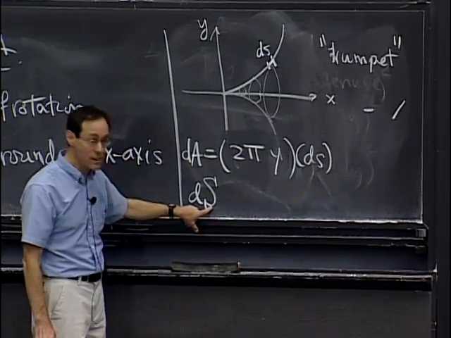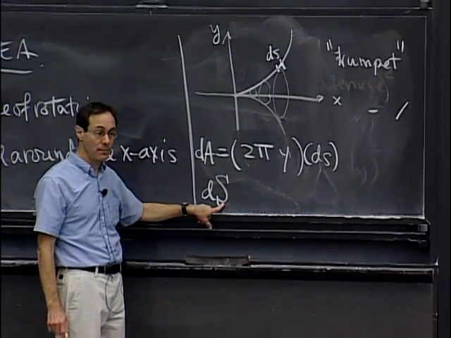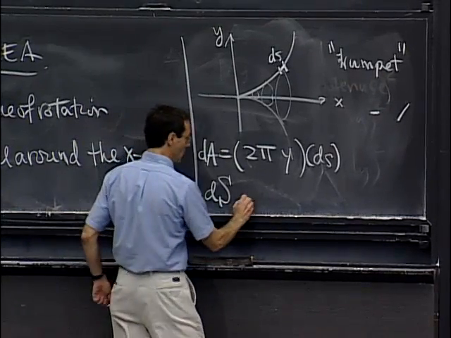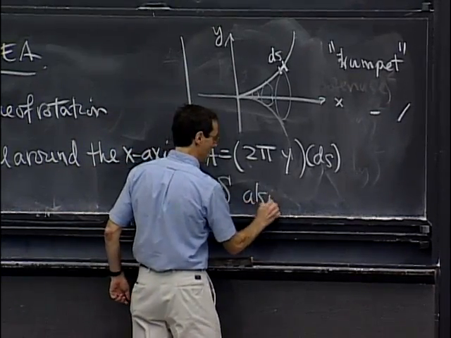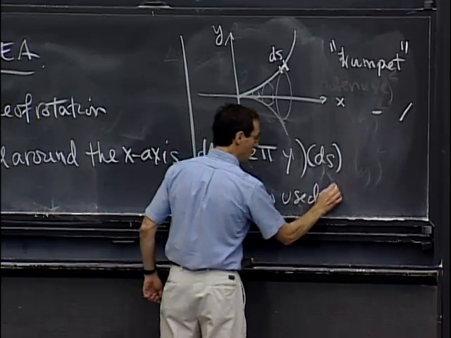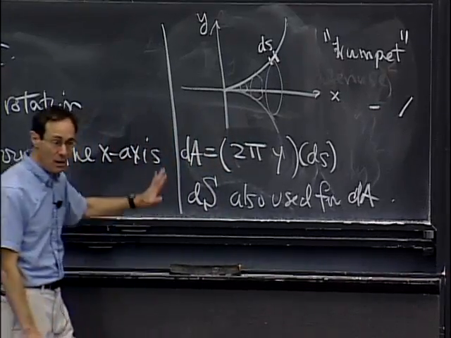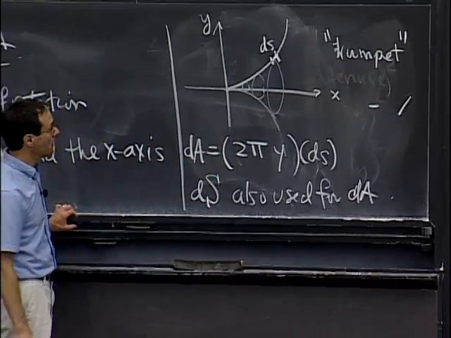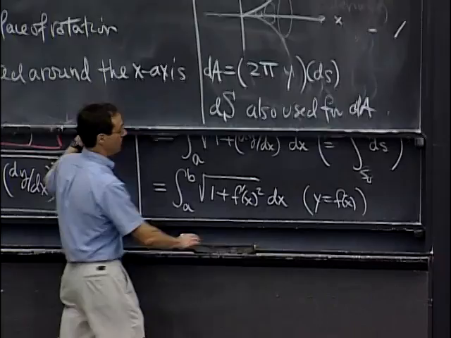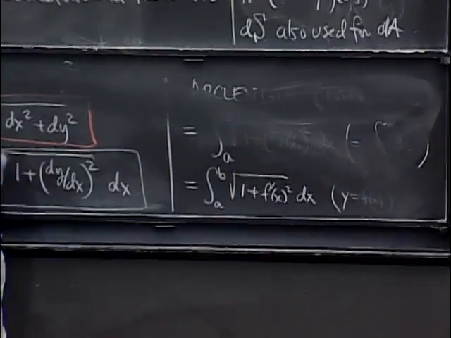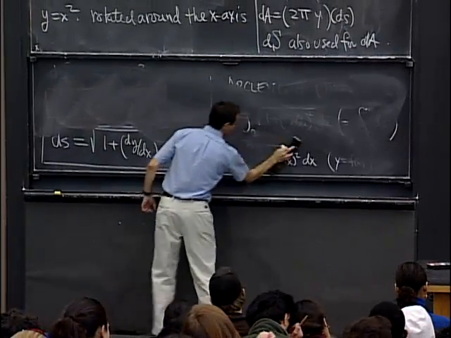The uppercase S is usually surface area. It's also used for dA, right, the area element. But this is a curved area element. All right, so let's figure out this example.